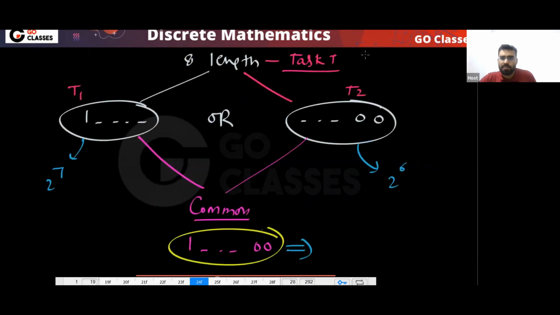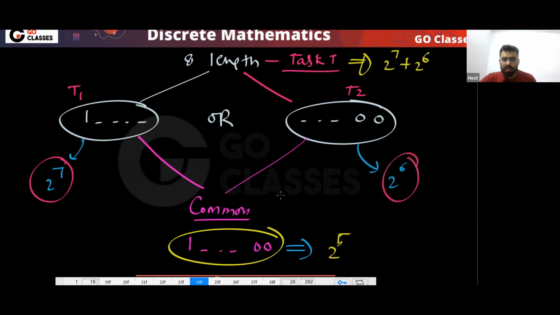So finally, the answer will be 2 power 7 plus 2 power 6. Remember, when I do 2 power 7 plus 2 power 6, these common bit strings, which start with 1 and end with 00, I have counted 2 times, so I should subtract them 1 time.